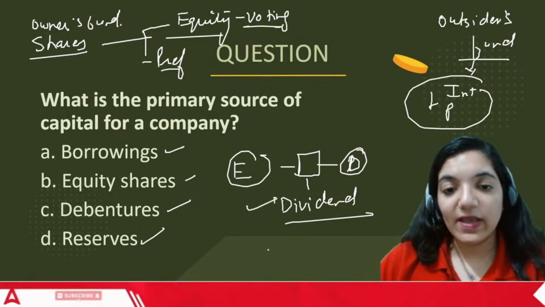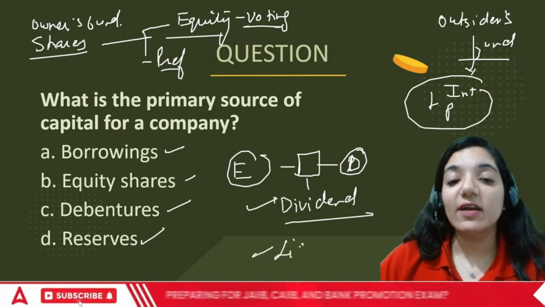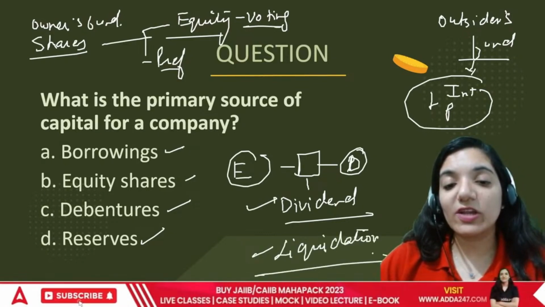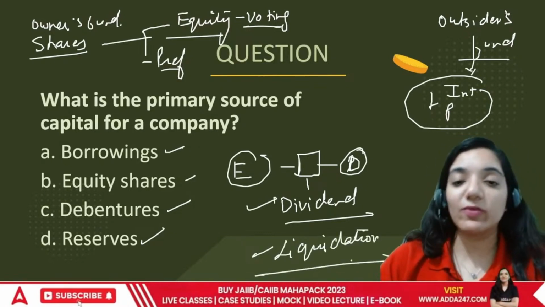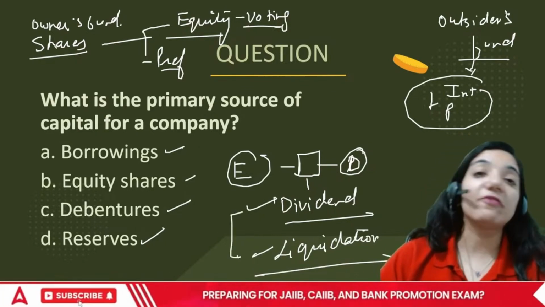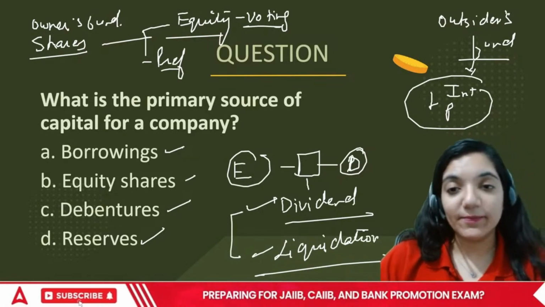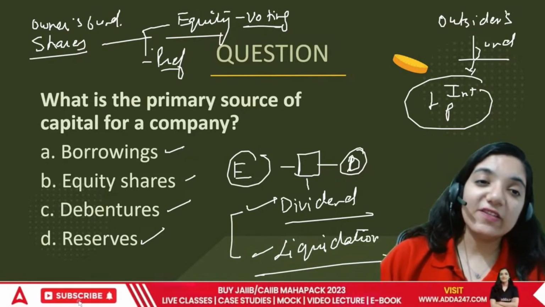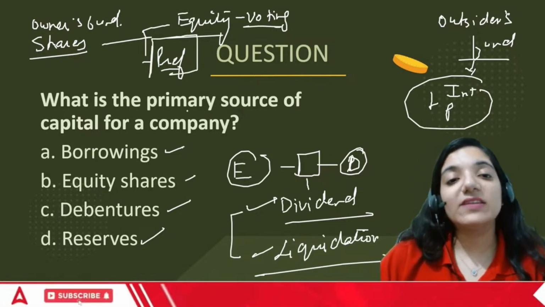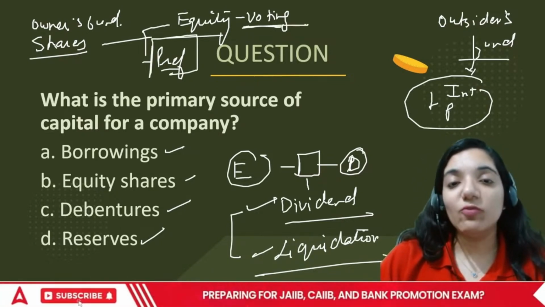We say okay. And he says, when the organization is dying, at the time of liquidation, whatever money is left, you pay me before equity. They are asking for two preferences over equity. So these preference shareholders get the preference, but they don't have any voting rights.